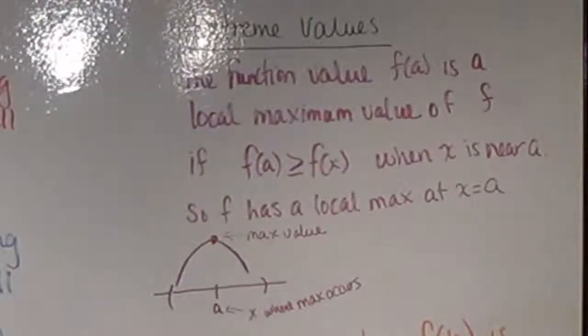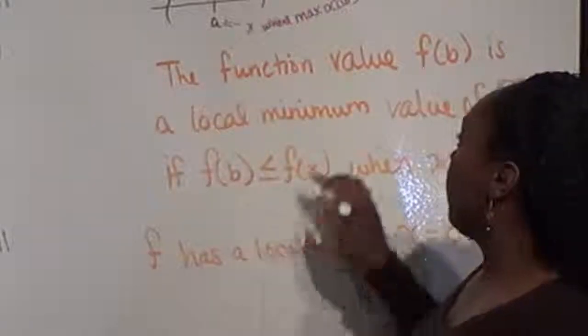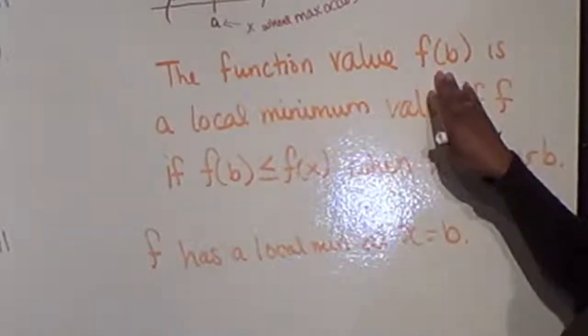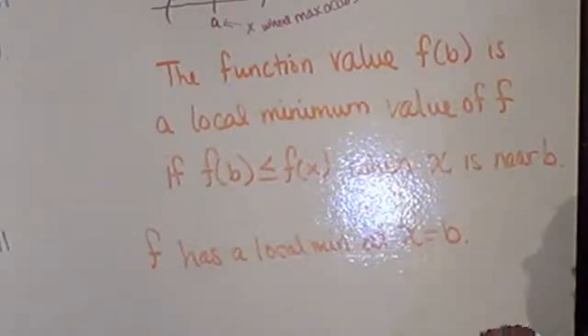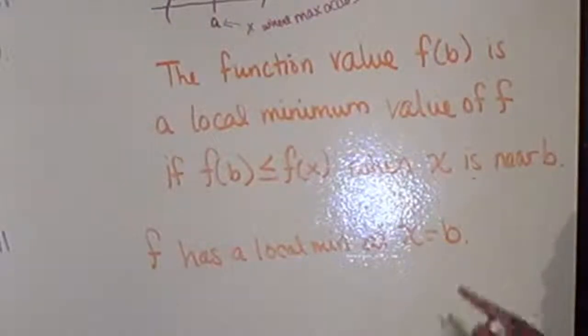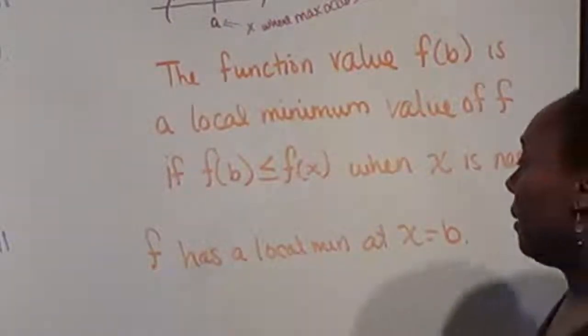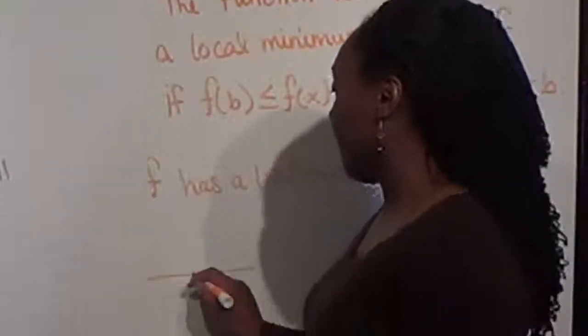The same thing is true for a local min. So if I have a b, f of b is the local minimum value of f if f of b is less than or equal to f of x for every x near b, and the local min is at x equal b.